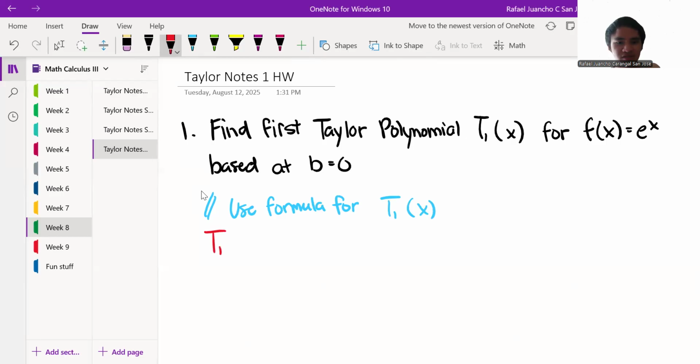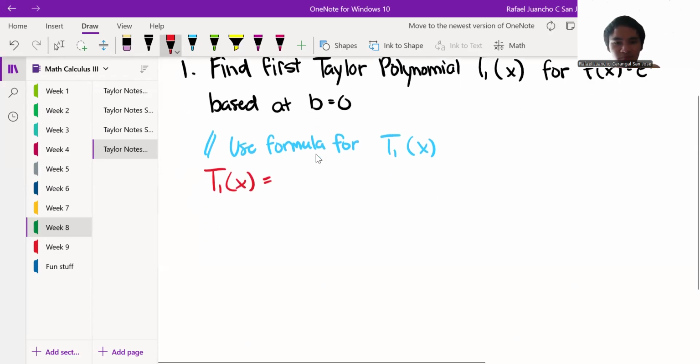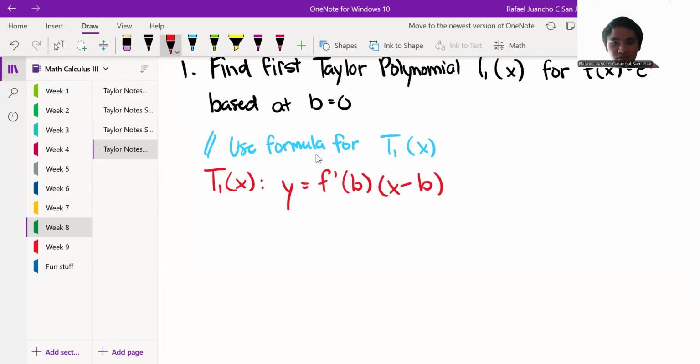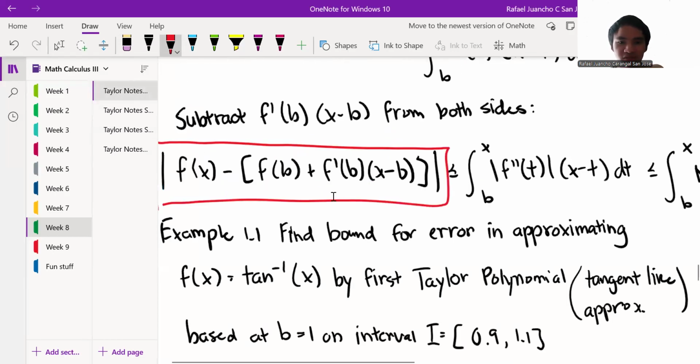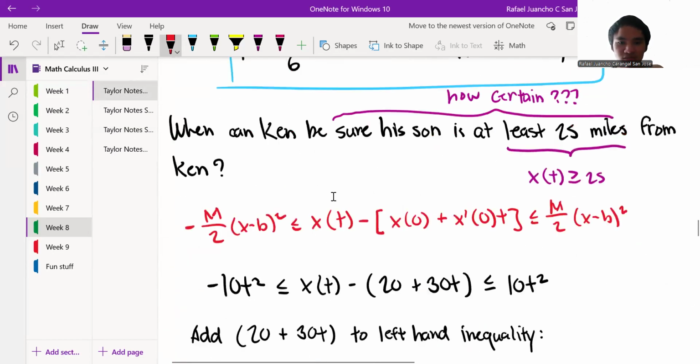So the formula for t sub 1 of x is equal to, let's just copy out the formula that we got: f prime of b times x minus b, added to f of b. That's the formula that we used.